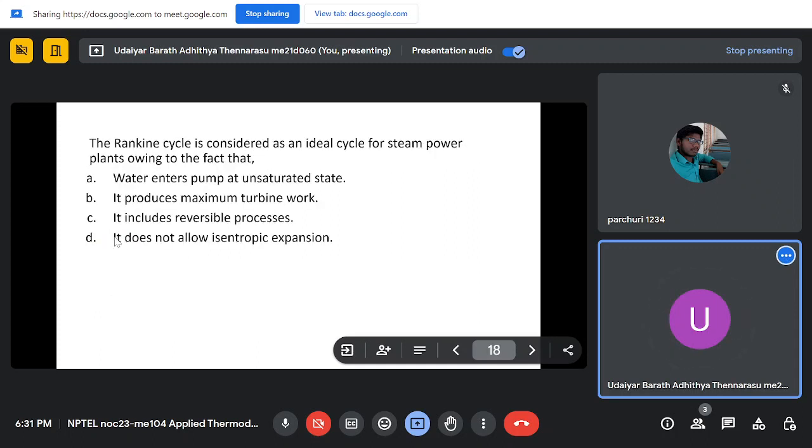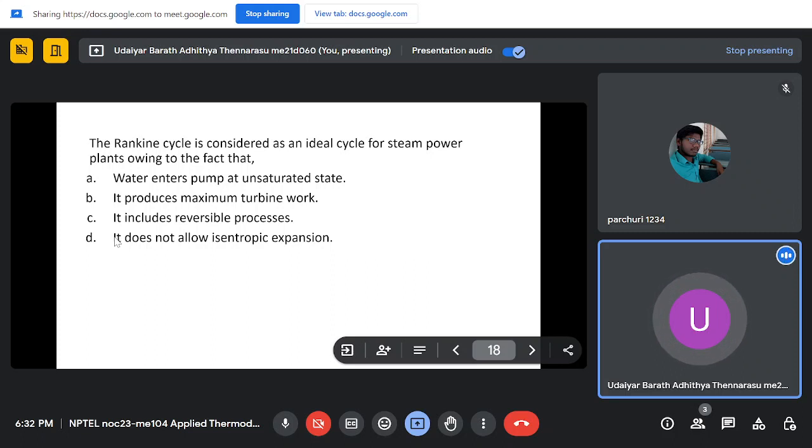Okay, so the next question is, the Rankine cycle is considered as an ideal cycle for steam power plants owing to the fact that, so the Rankine cycle is considered an ideal cycle for what reason?